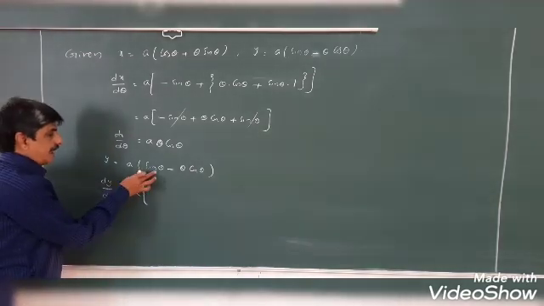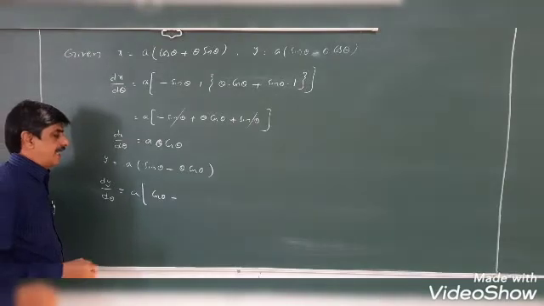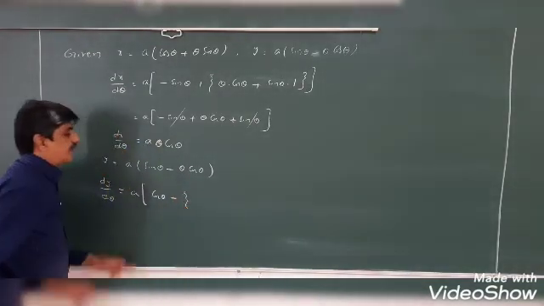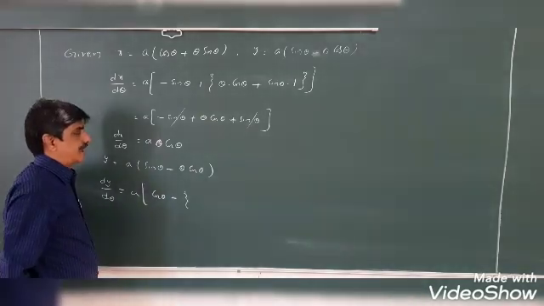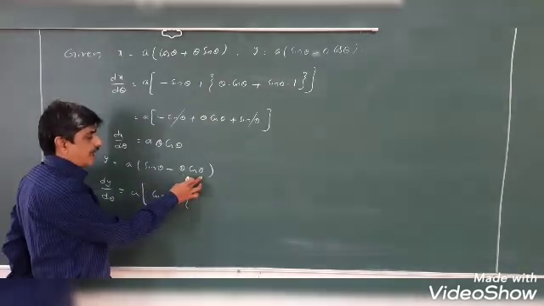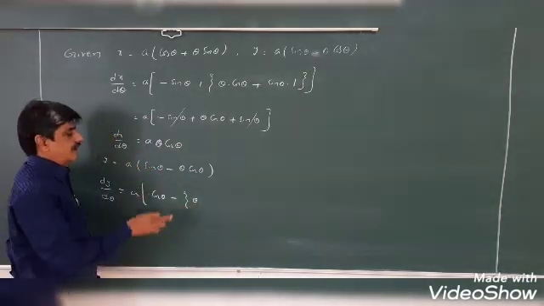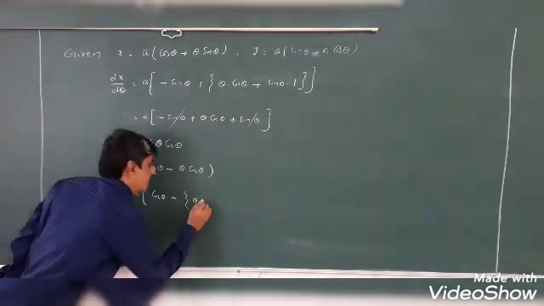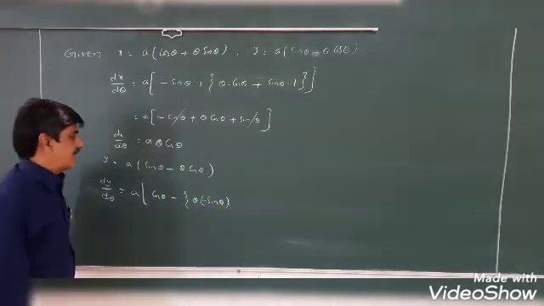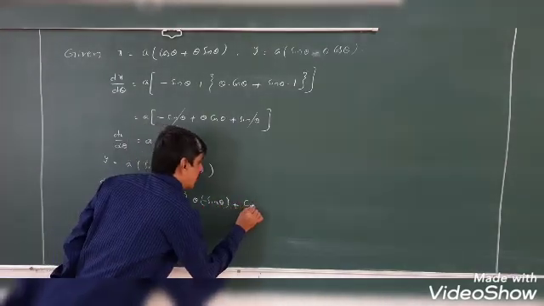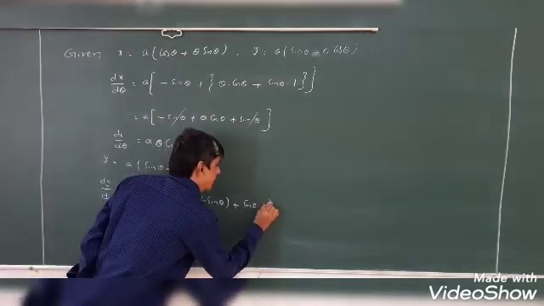Then d by d theta of sin theta is cos theta, minus d by d theta of theta into cos theta. So use here u into v form. u into d by d theta of cos theta, this is minus sin theta, plus cos theta, keep it same, d by d theta of theta is 1.